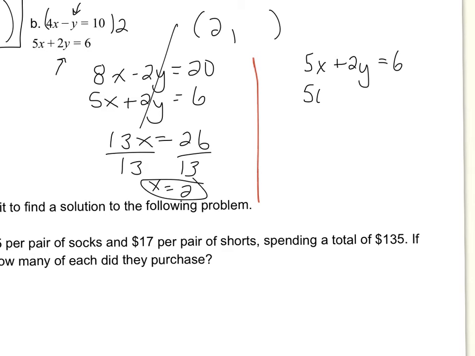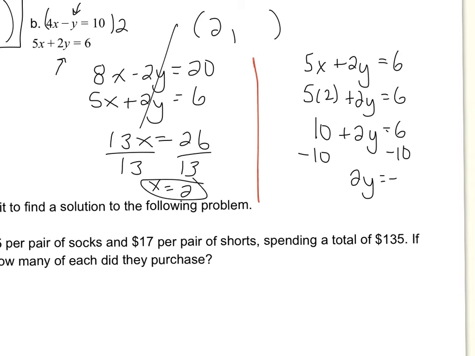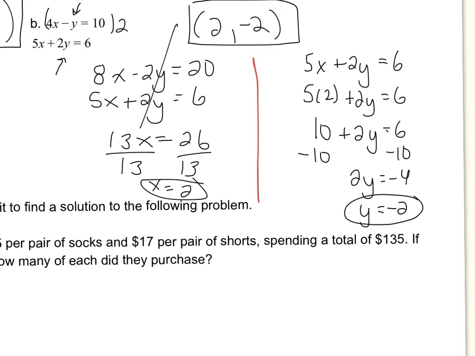So that's going to be 5 times 2 plus 2y equals 6. So it's 10 plus 2y equals 6. I'll subtract 10, so 2y equals negative 4. So dividing by 2 gives me negative 2. So 2, negative 2 would be the solution. And again, you could obviously graph those and make sure that it does meet at that point.